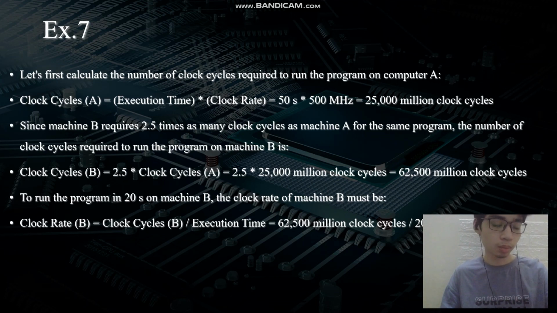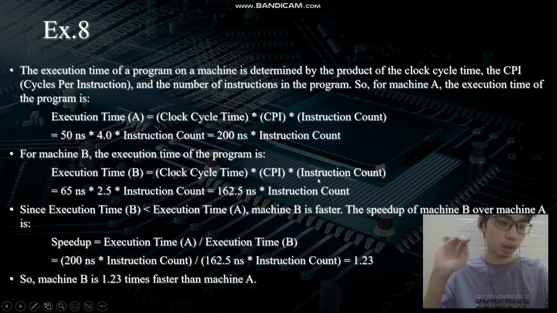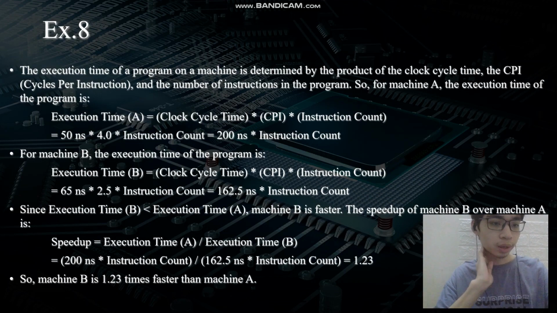Then, next, we move to the next problem. For problem 8, I use the formula CPU time equals instruction count multiplied by CPI multiplied by clock cycle time.